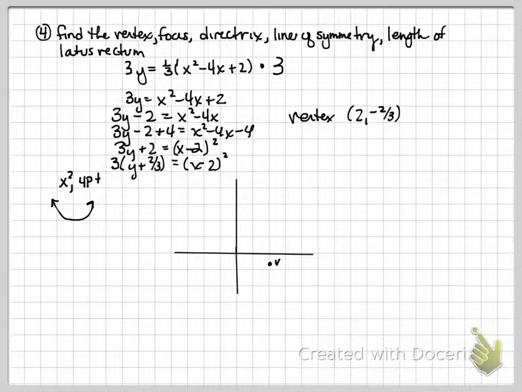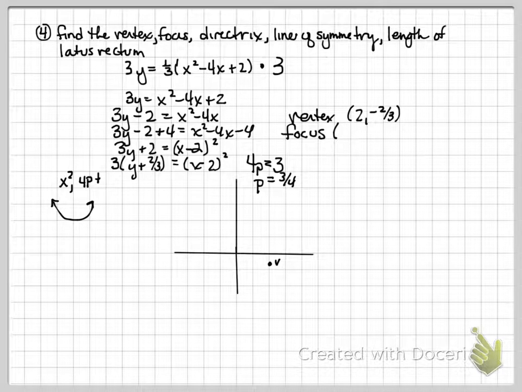So to find my focus, I'm going to add p to my vertex. Well, 4p is equal to 3. So if 4p equals 3, that means p has to equal 3/4. So it means I'm going to add 3/4 to it.